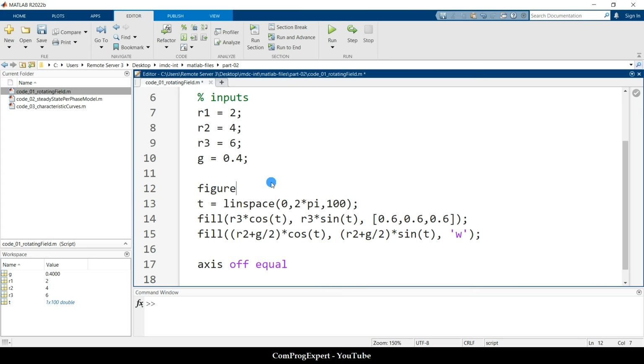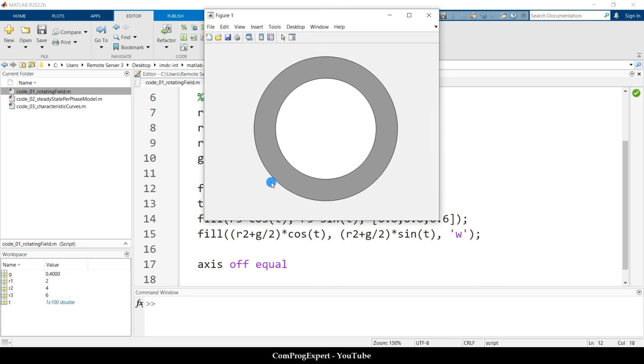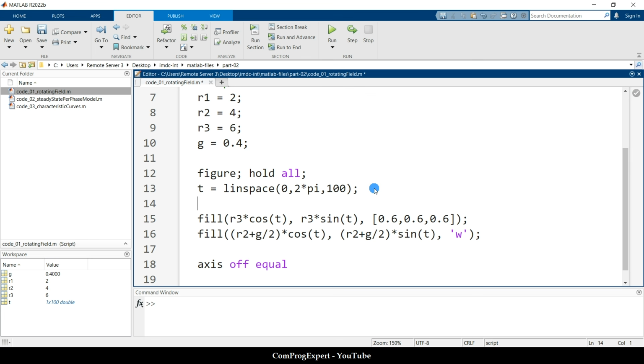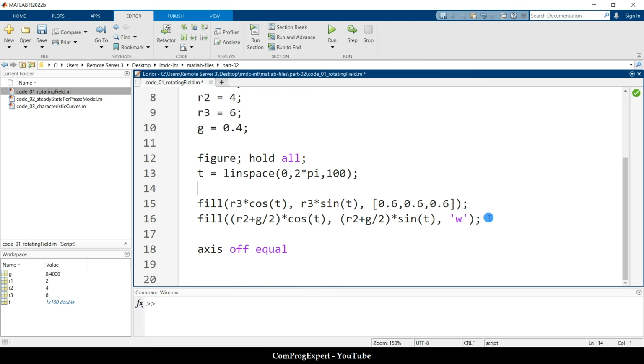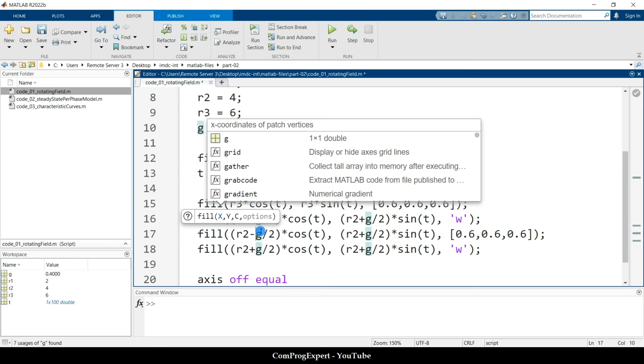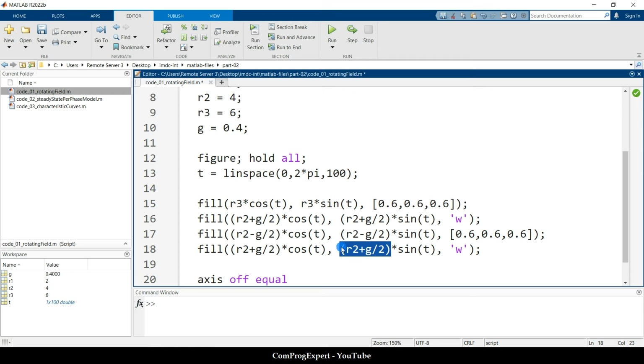Here we should write figure, hold all plots. This is the stator lamination. For the rotor lamination, we can use the same method. Here we have R2 minus gap divided by 2, and here we have R1.